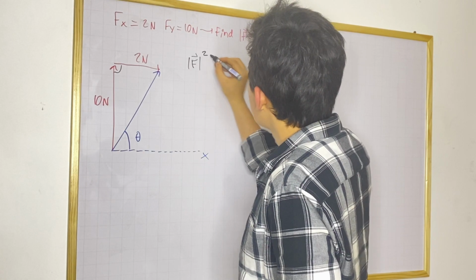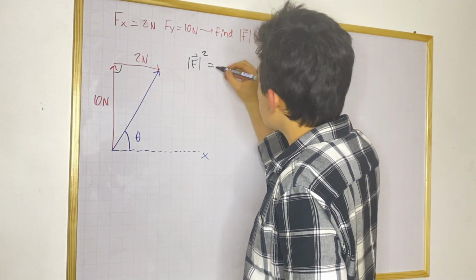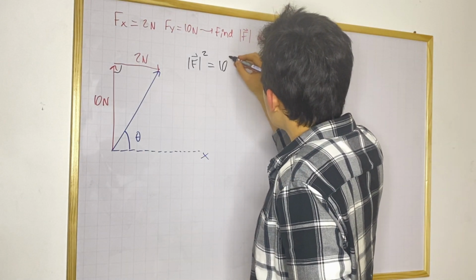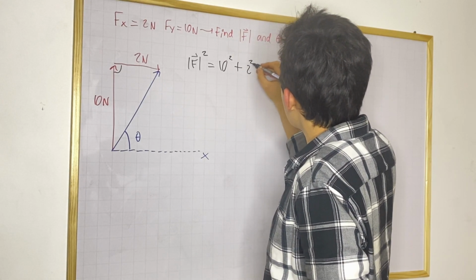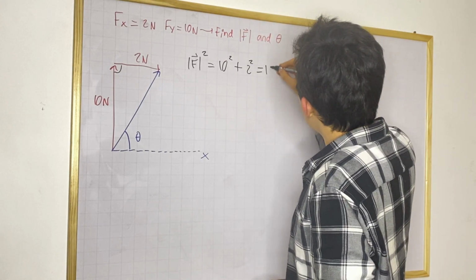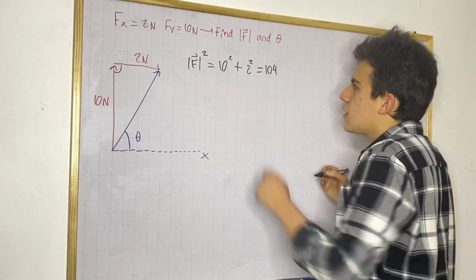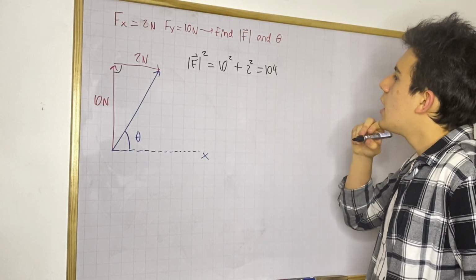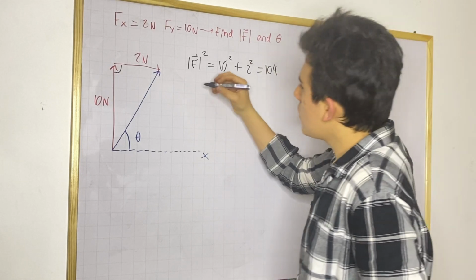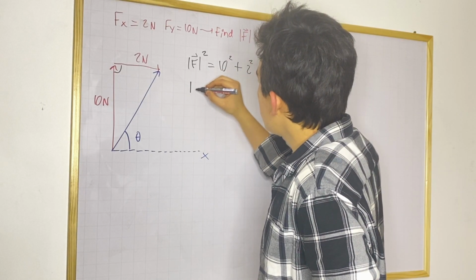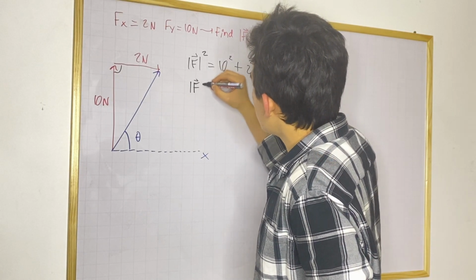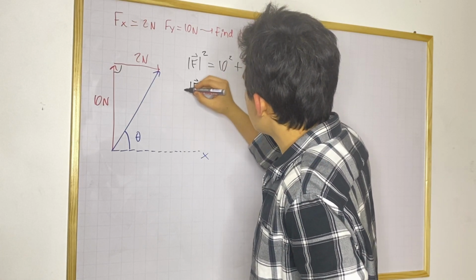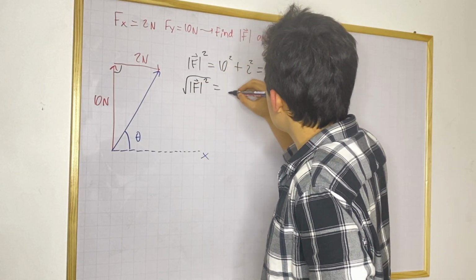So we're going to have that the magnitude squared is going to be equal to 10 squared plus 2 squared. This is the same as 104, okay? 100 plus 4, I'm sorry, yeah. And now if we need to find the magnitude for vector F, this is squared, you can take the square root on both sides.